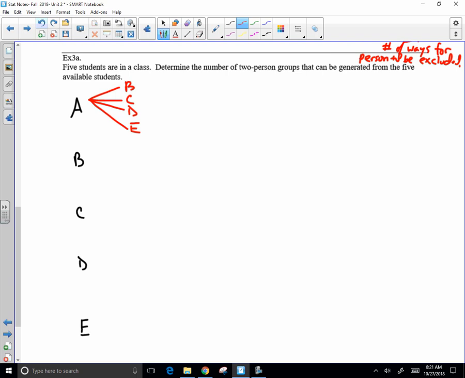I might say if I have B, then I could have A, B, then C. The one thing that we know is that you can't have a group of 2 consisting of just the same person. So I can't have a group of B and B, right? Unless I can somehow reproduce Bruce into 2 individual people, so clone them or something. Then that's not going to happen.